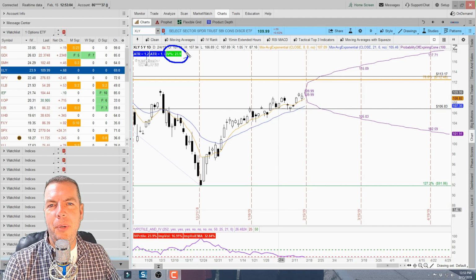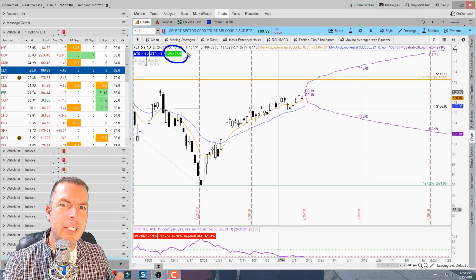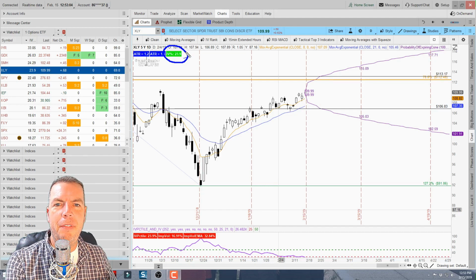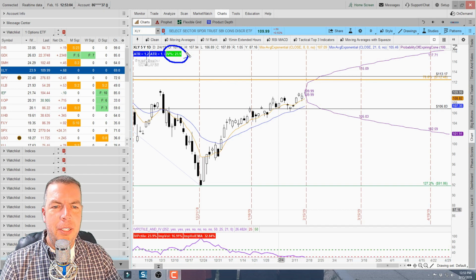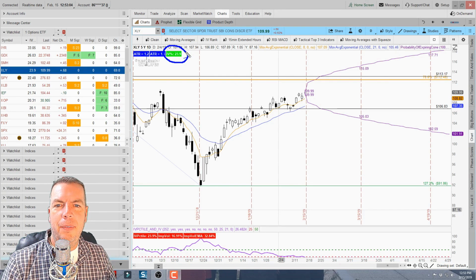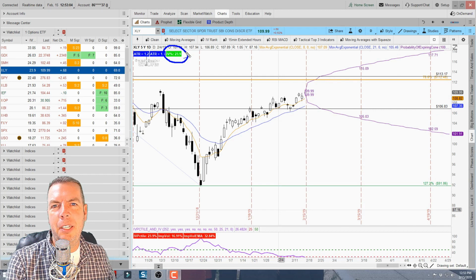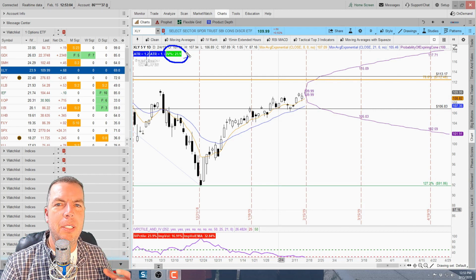So it's not really high right now. Normally it's great if we can sell these around 50-60% on the IV ranking, but it doesn't mean we can't sell iron butterflies when IV's low, but it helps us to get a little bit more money for those options that we're selling if the IV is high.